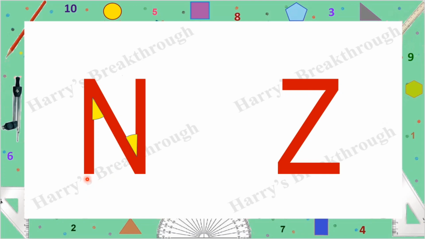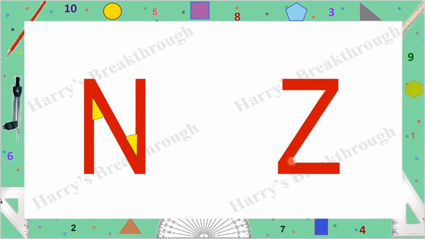Here in the uppercase English alphabet N, you can see two vertical parallel lines and a third line as slanted. So two parallel lines are cut by a third line and the angles formed at reverse positions are called alternate angles. So here you can see these two yellow angles are at reverse positions. So these are alternate angles.